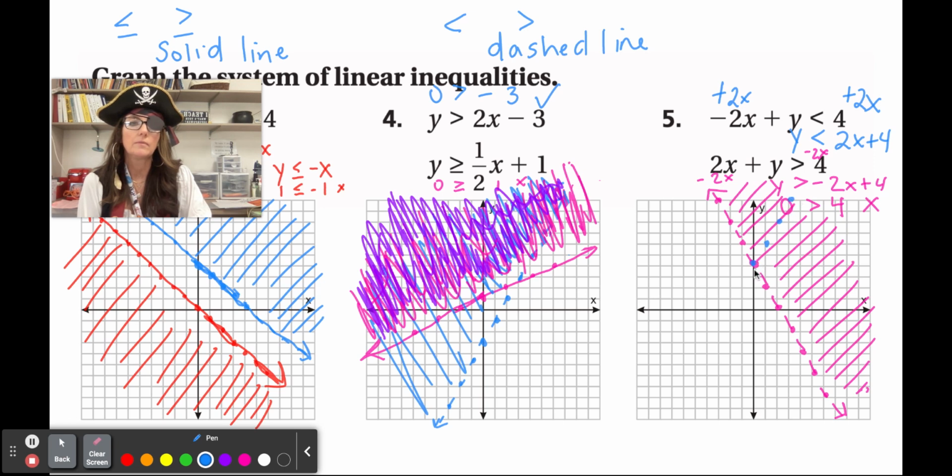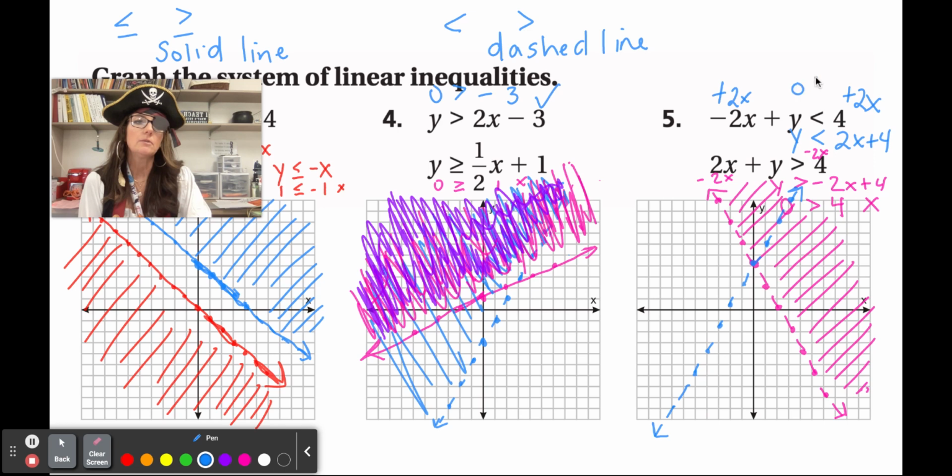Okay, we'll just go from here. Another dashed line, right? And we'll just kind of follow it along. Very good. Okay, let's try 0, 0.